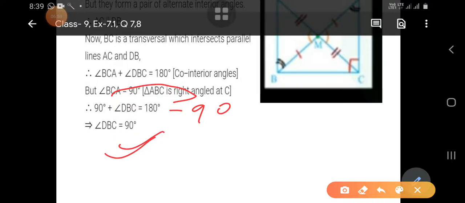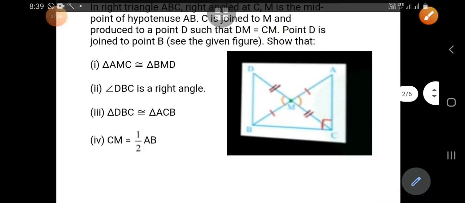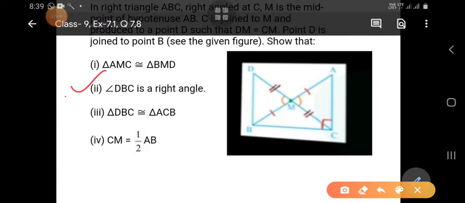Angle DBC is 90 degrees. This is the second proof.